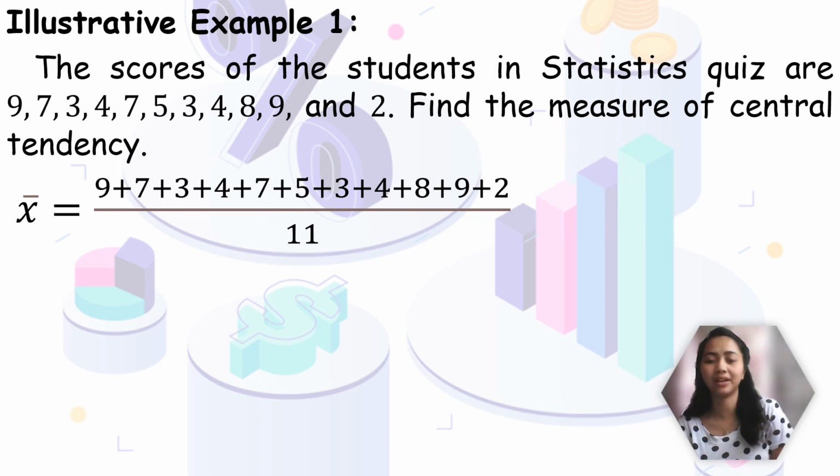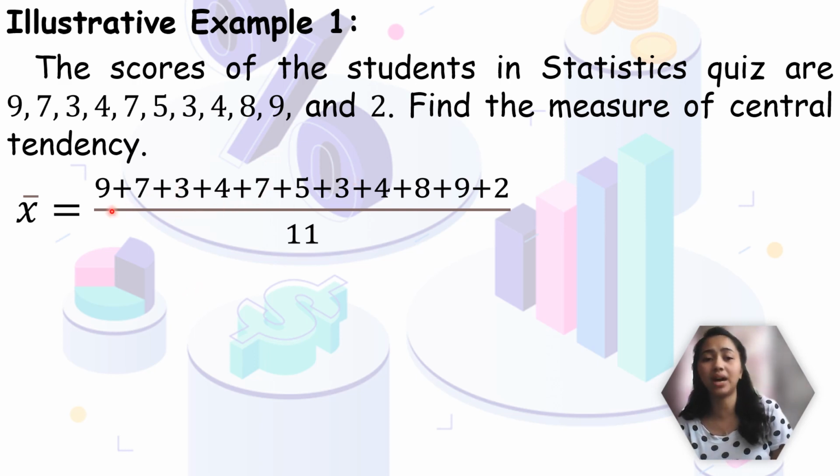Erase ko na itong mga anak ko. Ma'am, bakit po ito hindi nyo na po pinagsusunod-sunod? Yes, hindi na kailangan natin pagsunud-sunurin in terms of mean. Hindi mahalaga ang arrange. What is important is for you to find the summation or the sum or the total of those elements that we have in the given set of data.